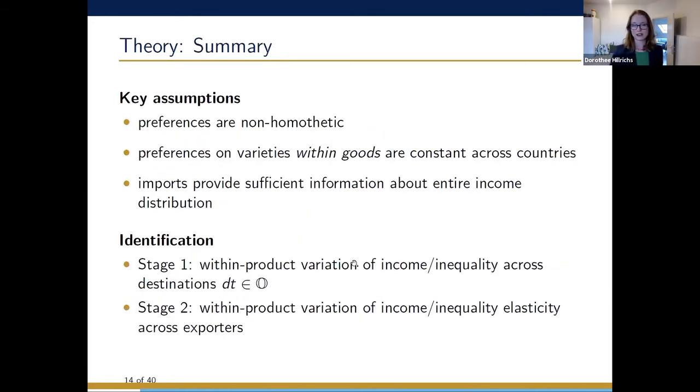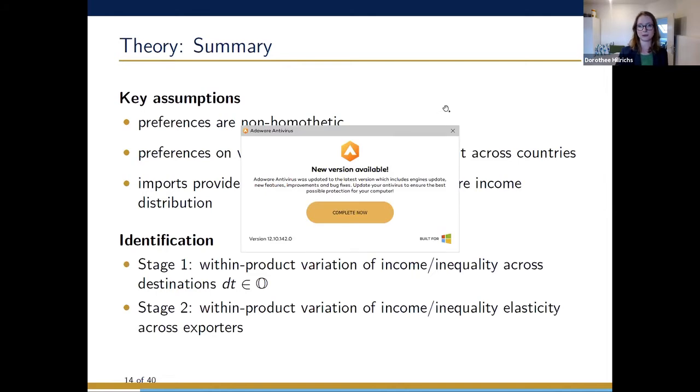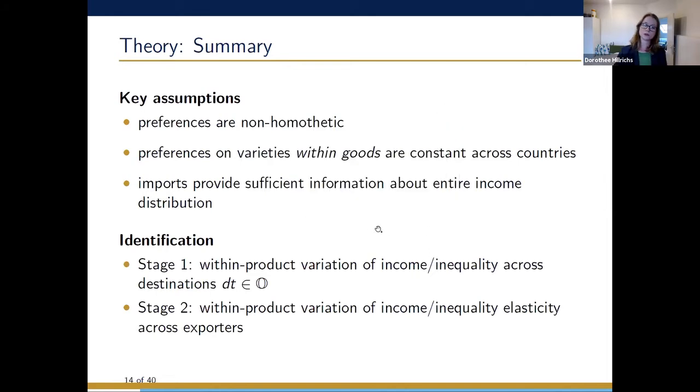So to summarize the theory, we have a couple of key assumptions, and this is the advantage really of using theory, that we can highlight the assumptions and also, if needed, modify them. The first assumption is that there is this nonlinear, disproportionate effect of income on expenditure. The second is because we use first a subsample of countries and then apply this classification to all other countries for which we didn't have inequality data before, we need to assume that at least the ranking of all the different wine varieties and car varieties is the same across countries.